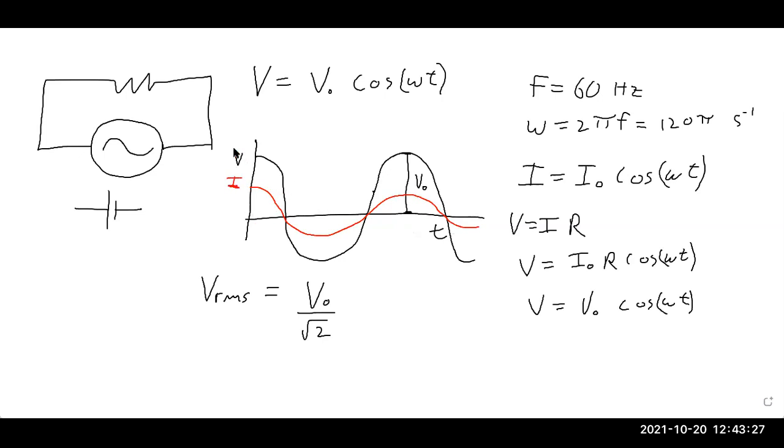So current and voltage in this graph would need to be represented by two different units. So which one's taller or shorter is entirely meaningless because they have different units. But the important thing to see is when one of them hits 0, the other one hits 0. When one of them's positive, the other one's positive. They go along with each other in phase.